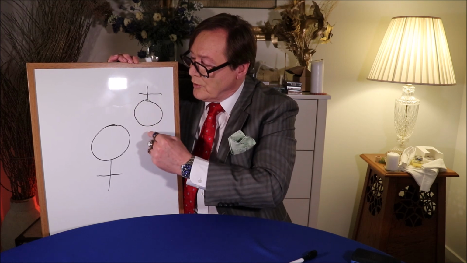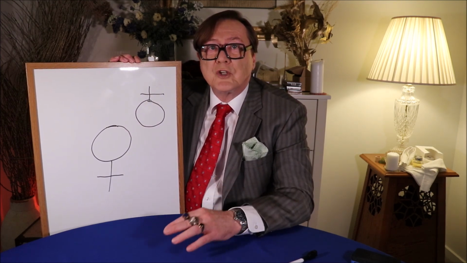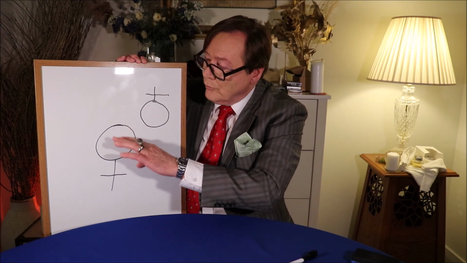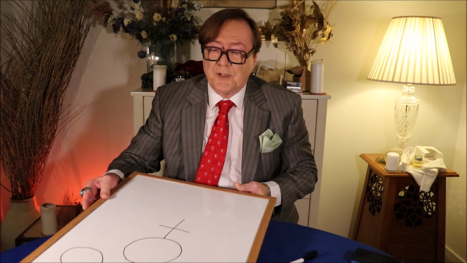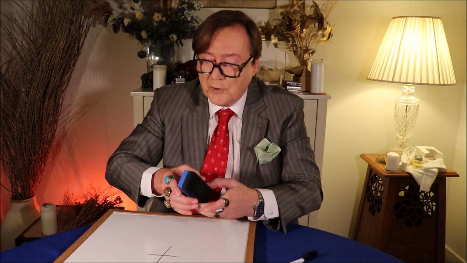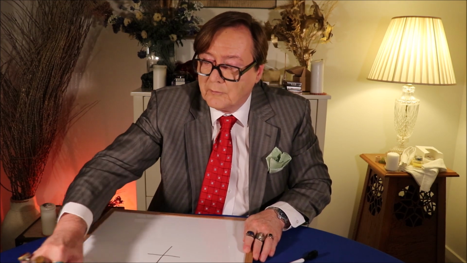The symbol for Earth is the circle with the cross on top of it. And that's something just to bear in mind if ever you happen to come across it. And as I go through the explanation of the spirituality of the symbol of Venus, then you'll understand. Now, I'll rub that out now so it doesn't cause us any confusion as we go along, and not that you're liable to be confused because you're far too intelligent for that.